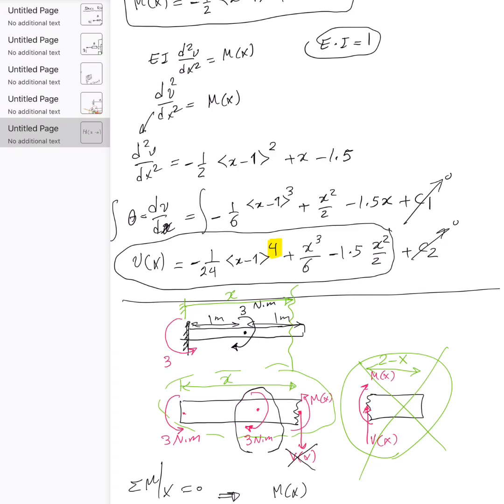Now here is the interesting thing, in fact the tricky thing. You want to include this 3 Newton meter couple moment only when your x is greater than 1. How can I do that? Well, you just make the Heaviside function like a switch. You just say 3, the magnitude of the couple moment.